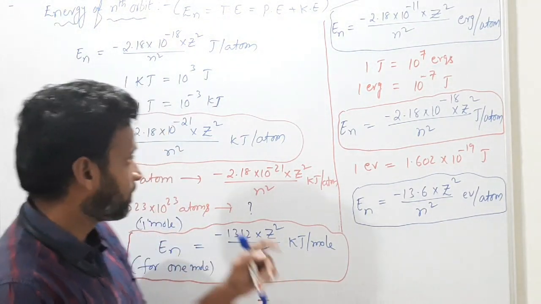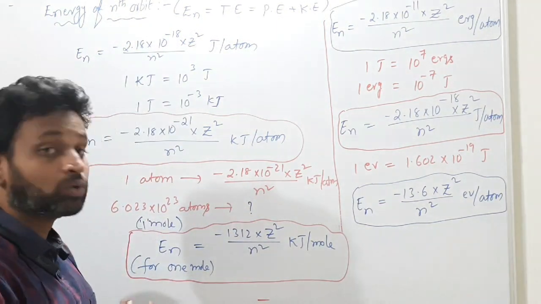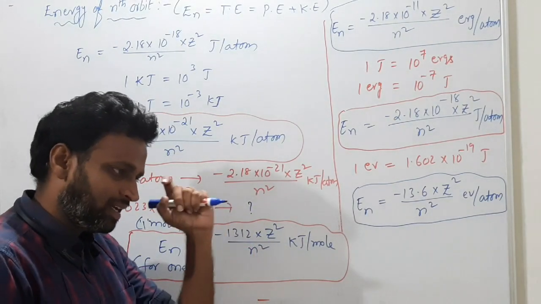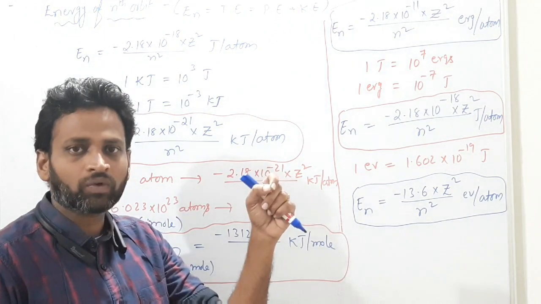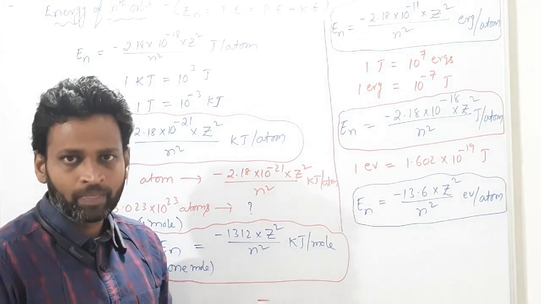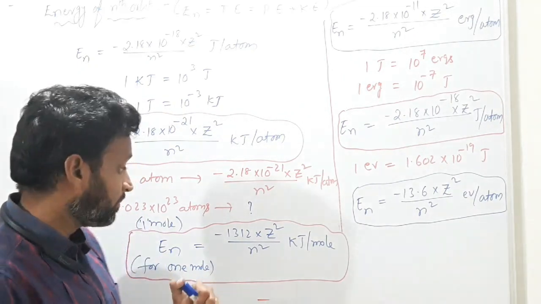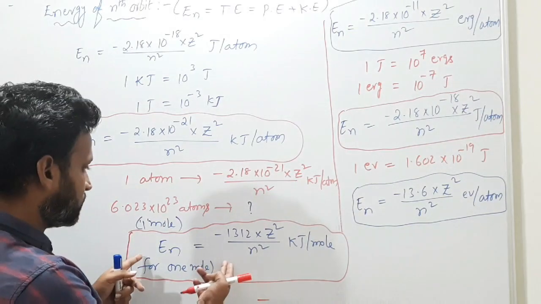Everyone observing the difference? Sir, why are you giving so many formulas, you may have a doubt. If in the options they are asking, sir, clearly calculate energy of the third orbit of helium atom in kilojoule per mole, then we have to use this formula.